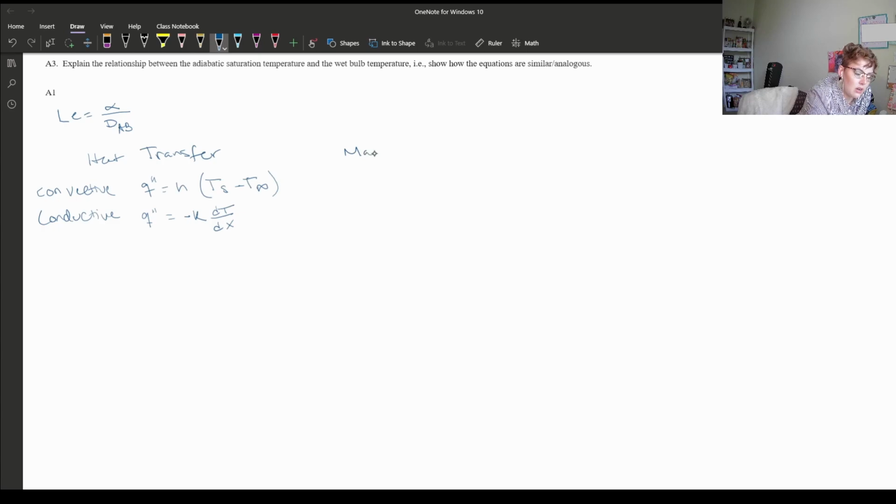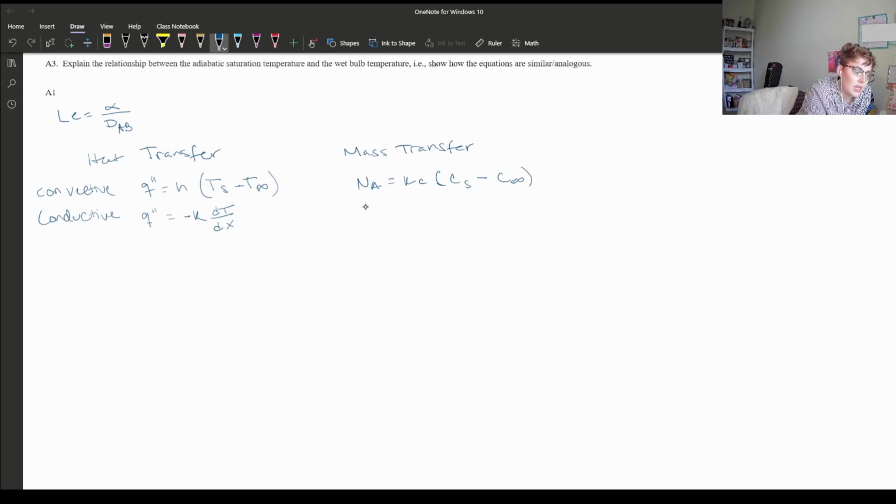And then we are going to look at our mass transfer equations. The first one that we have is our molar flux equation, which is equal to the mass transfer coefficient, Kc, times the change in concentration at the surface and the concentration of the environment.